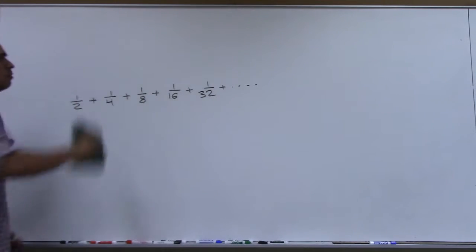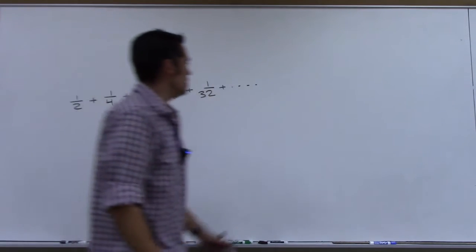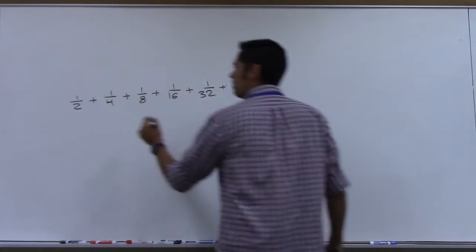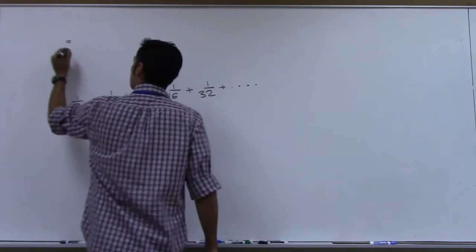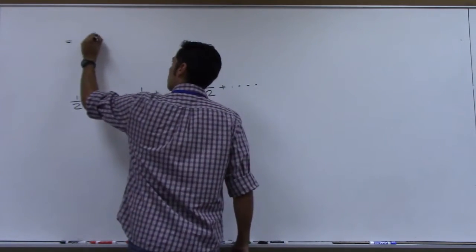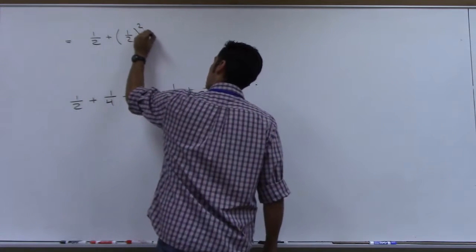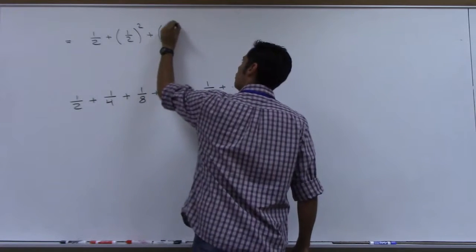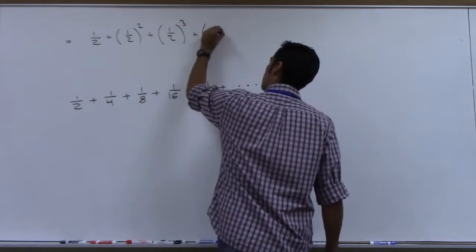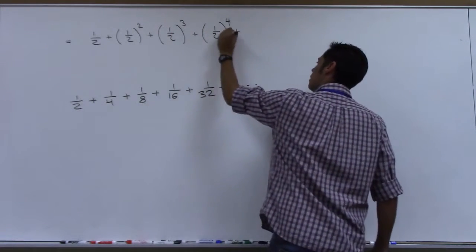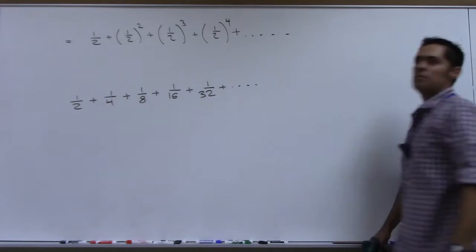Okay, what's the formula? Because if it's going to be geometric, you're going to have to figure out the pattern. I'm going to write up here. Maybe you're looking at it like this. This is 1/2 plus 1/2 squared plus 1/2 cubed plus 1/2 to the 4th. Right? That's what it is.